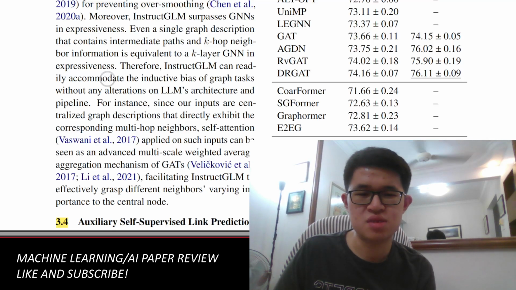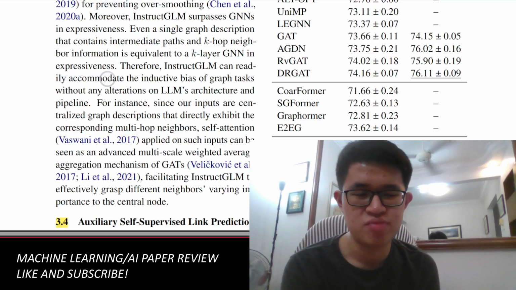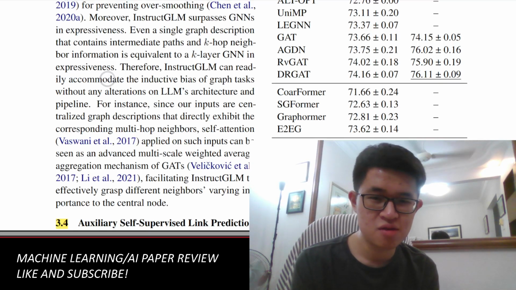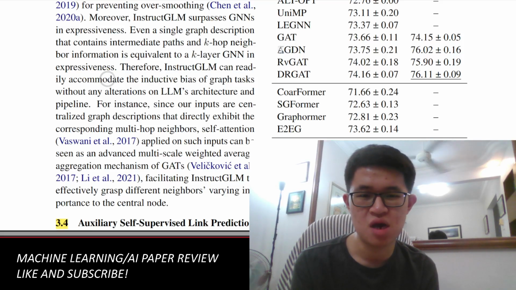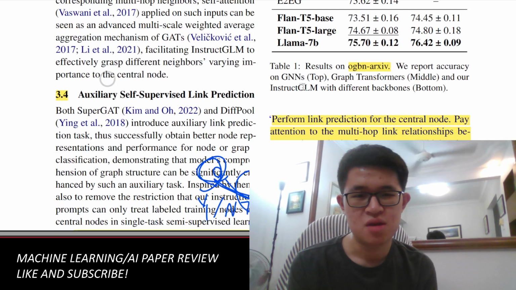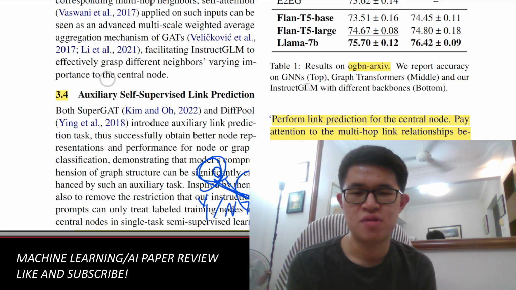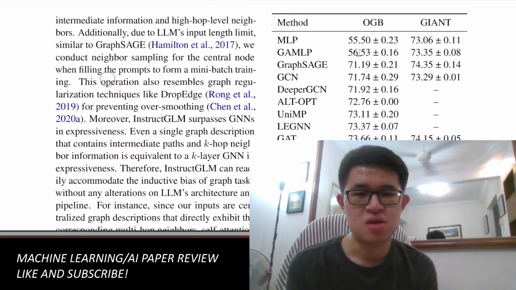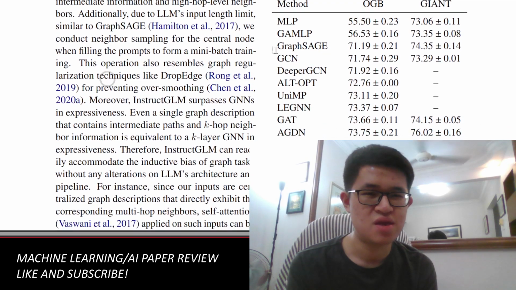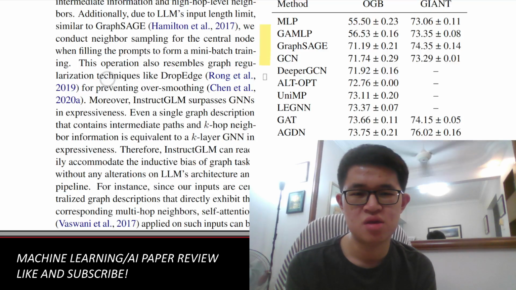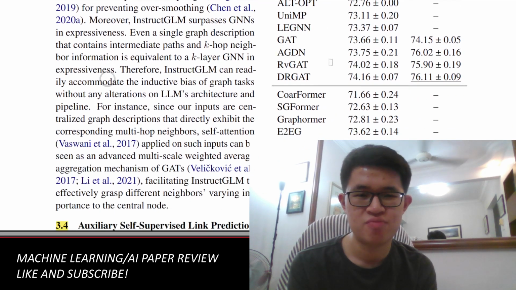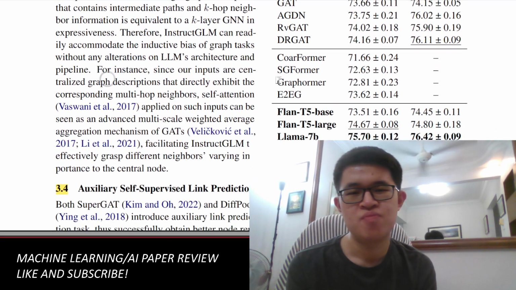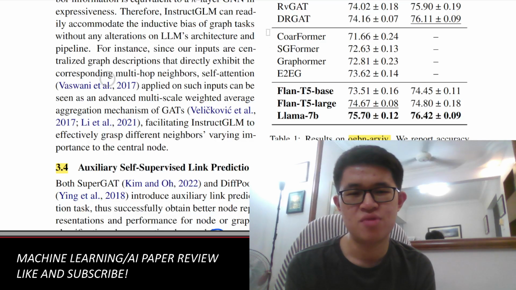Obviously this result is on ogbn-arxiv. They report the accuracy of graph neural networks at the top, the graph transformers in the middle, and their language model at the bottom. You can see the GNNs are around 50% to 74%, and the graph transformers are within about the same range.